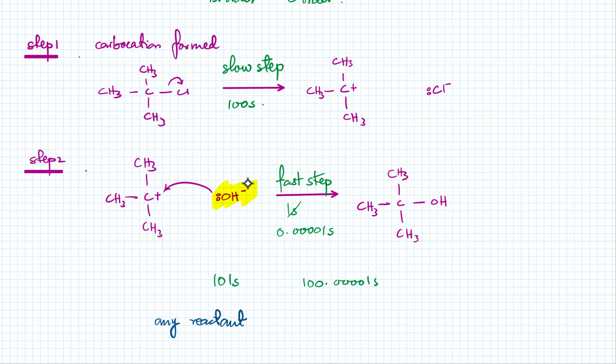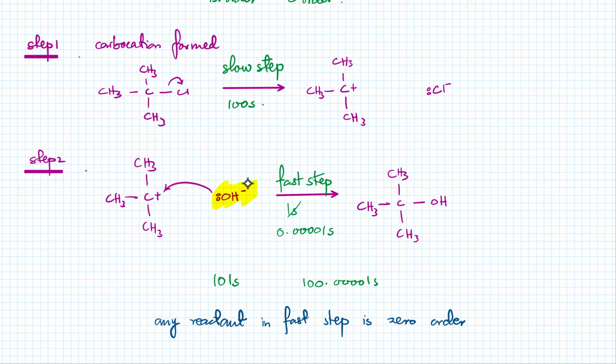Any reactant in a fast step is going to have zero order. It will not affect the rate of reaction, or it will affect the rate of reaction, but the effect will be minimal. It's going to be very less.